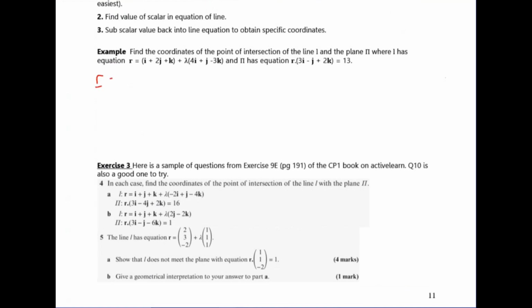I'm going to do that by combining this equation of the line together. So I've got 1 plus 4 lambda, 2 plus lambda from j, and 1 minus 3 lambda. I'm going to substitute that into the equation of the plane instead of r.